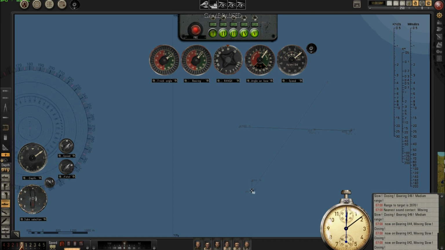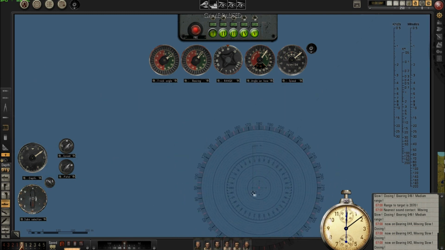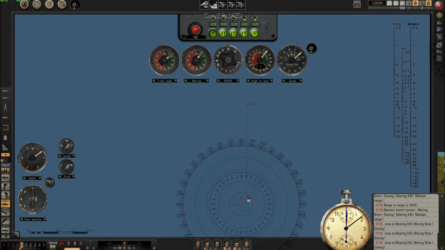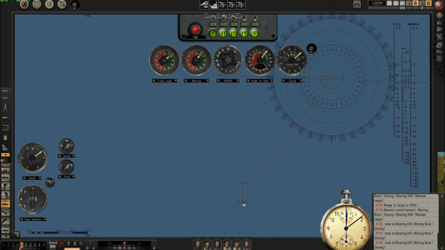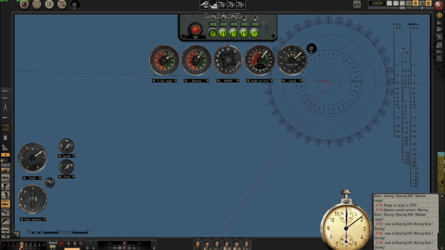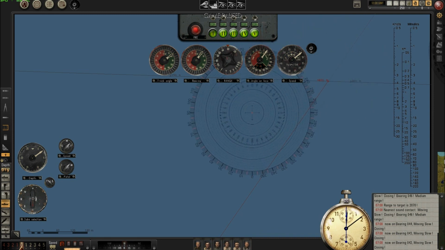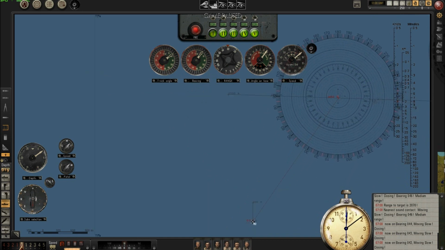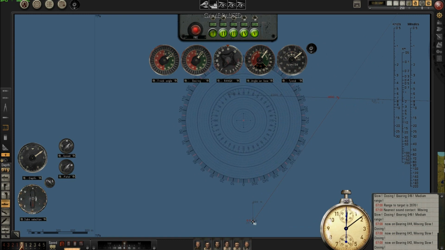I take my ruler and I draw a line from here in this point where my bearing intersects the course of the ship. So I will have 1800 meters. Okay, this will be my range in that point at 35 degrees. So 1800 meters.